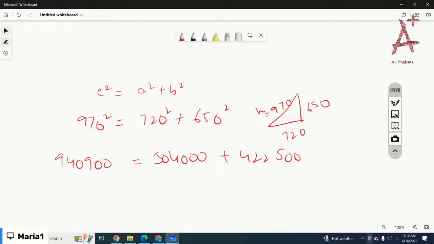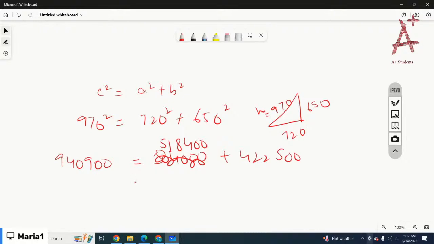Just add and see if both sides are exactly equal. 518400 plus 422500.